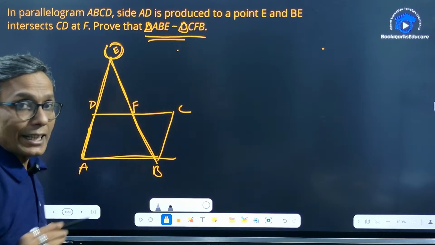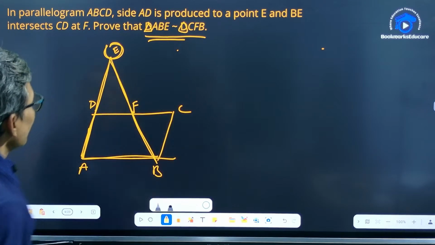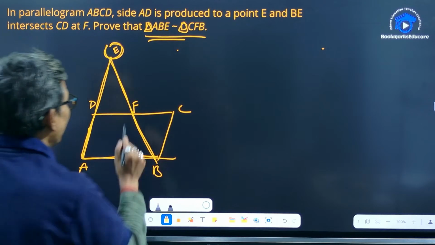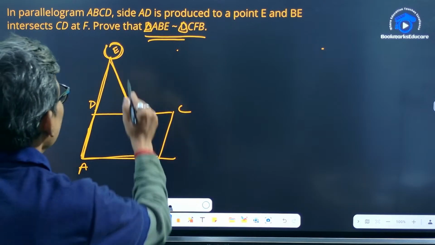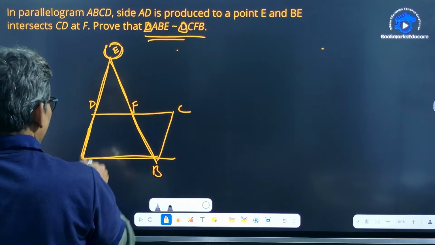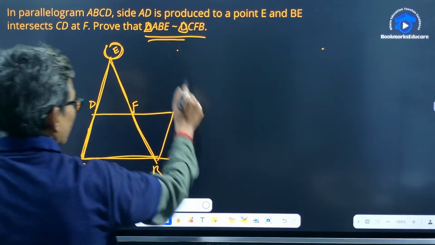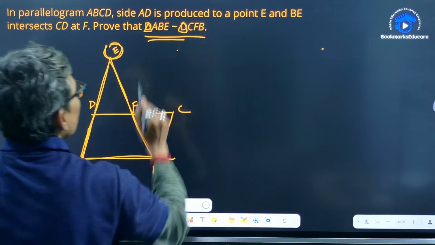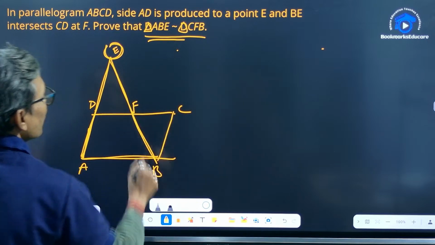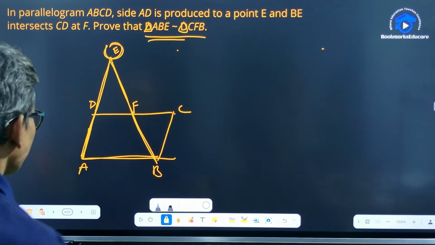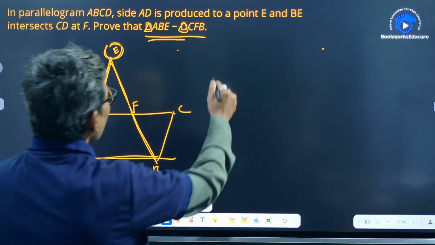So BE line segment intersects CD or DC line of the parallelogram at the point F. So we have to prove triangle ABE is similar to triangle CFB. So now it is easy to prove.